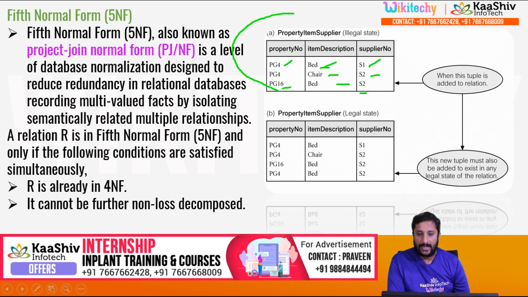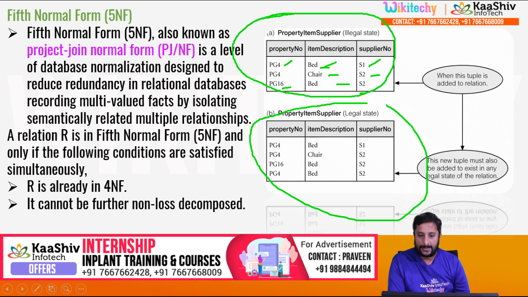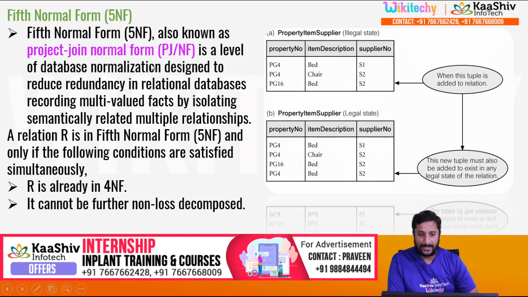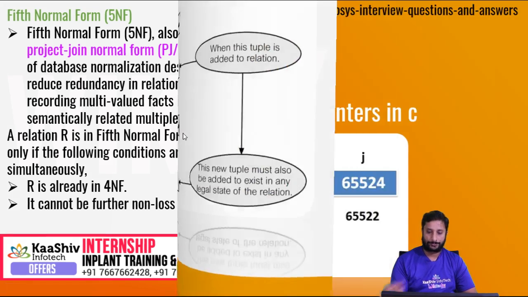If it is an illegal state, automatically make it a legal state. You are able to see S2 is supplying bed to this guy, so obviously S2 should supply bed to PG4 also. So S1 is supplying bed to PG4. Automatically this is referred to as fifth normal form.